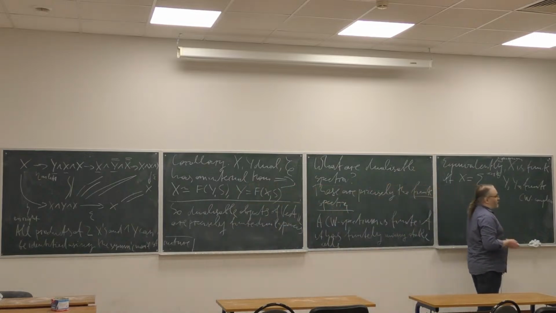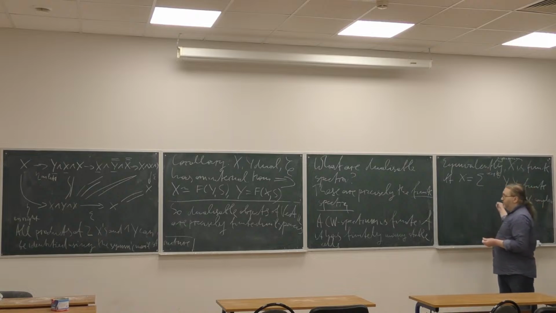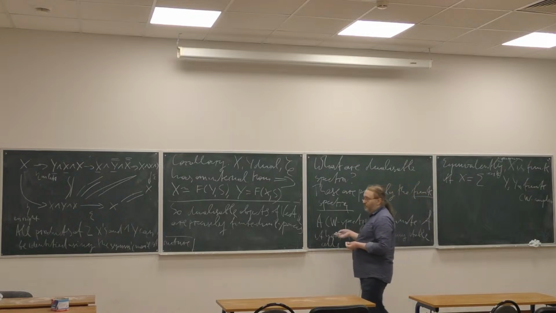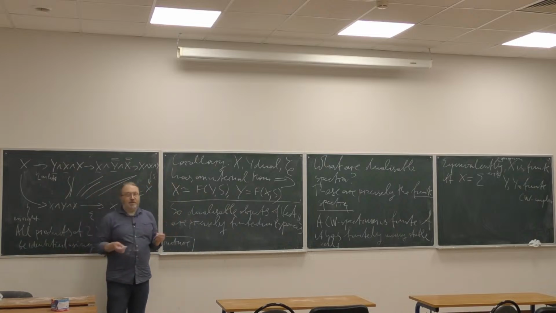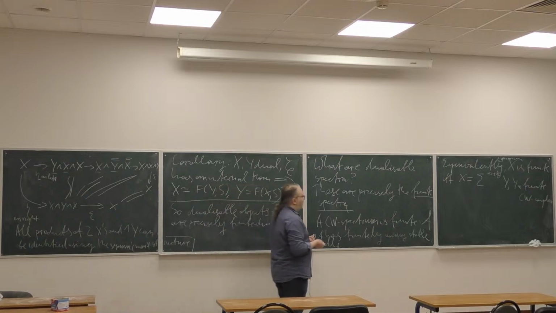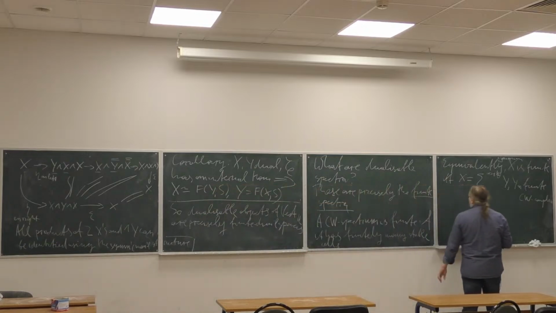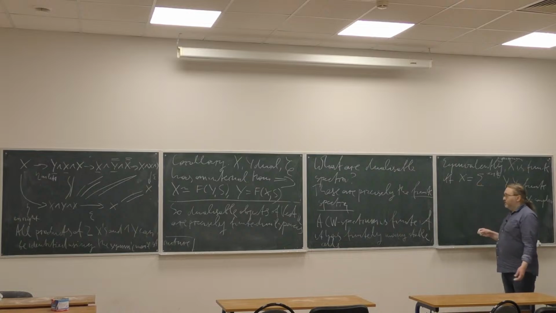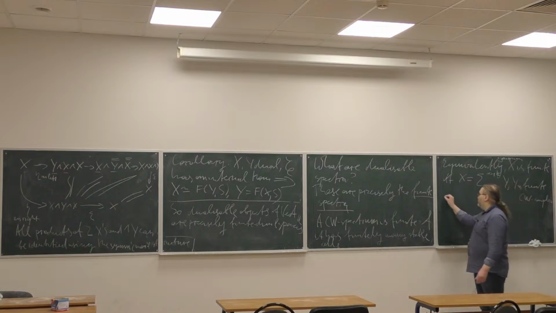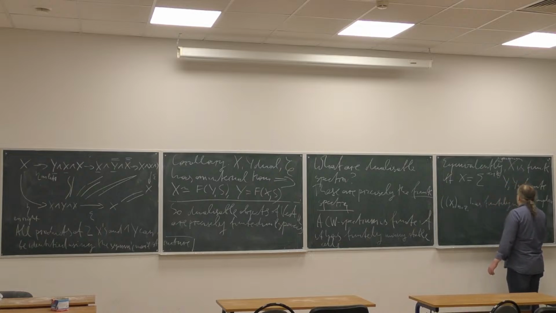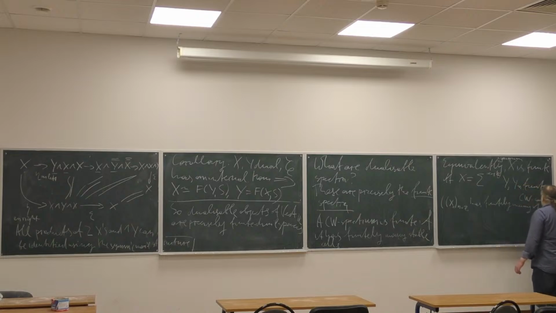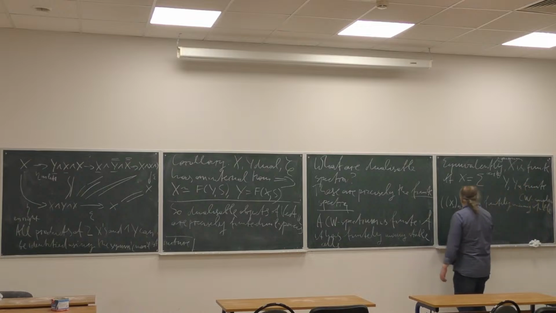Well, in one direction this is clear. A finite CW complex has finitely many cells, so there are finitely many stable cells, and in the other direction it's also clear. Suppose we have finitely many stable cells.